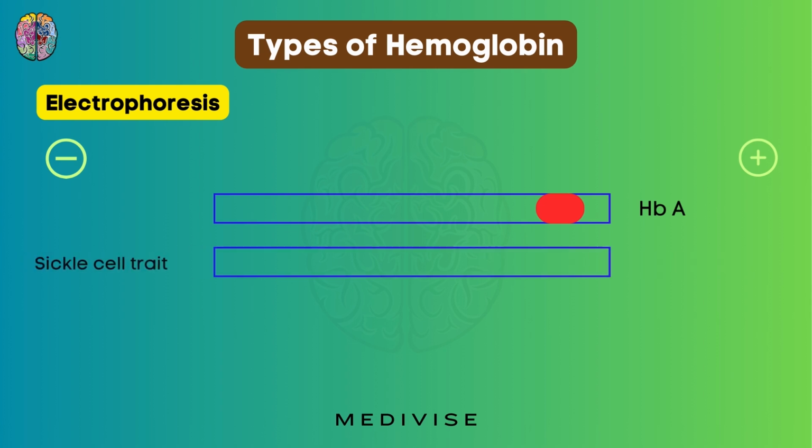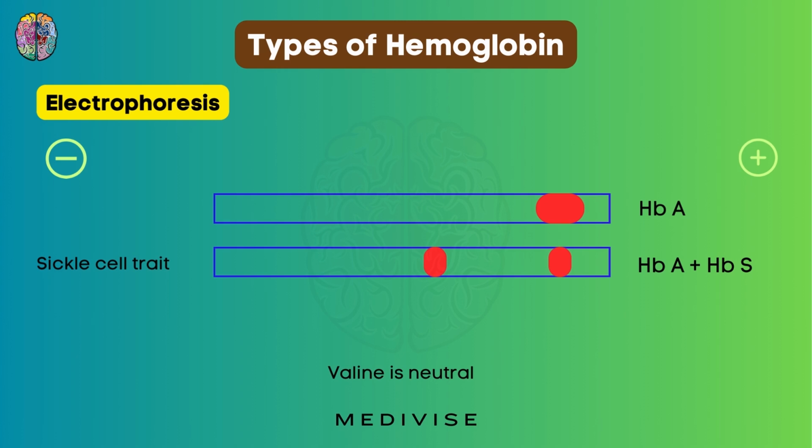Now, what happens in sickle cell trait? In sickle cell trait, we have both adult hemoglobin and S hemoglobin. Now, you already know that valine is neutral. So, HbA is negatively charged, but now some of the hemoglobin that we have is not negatively charged. So, again, we are going to get 2 points here.